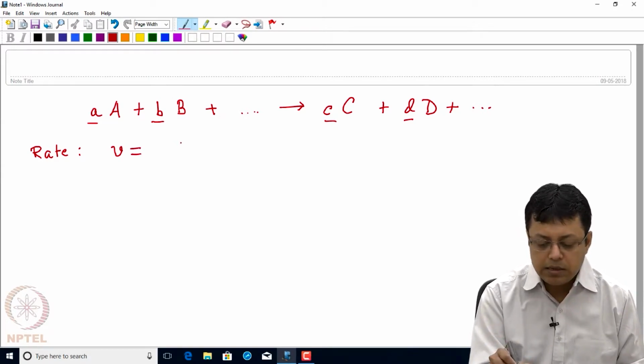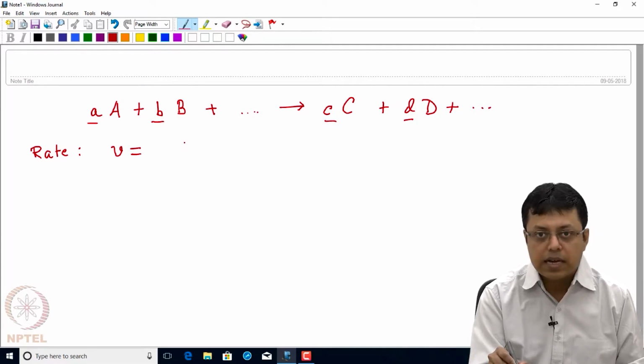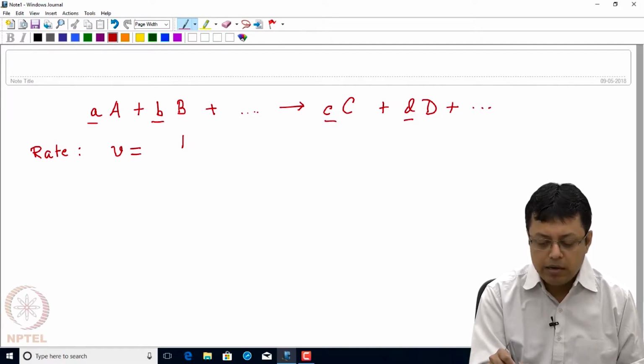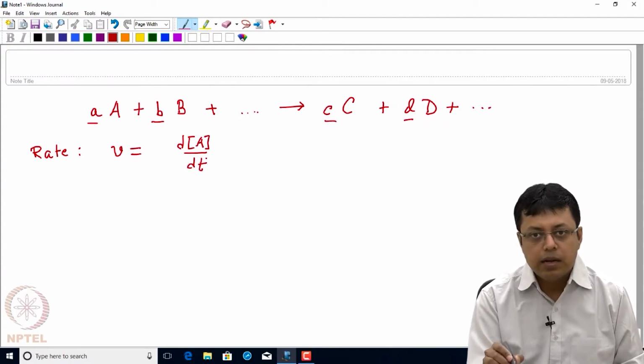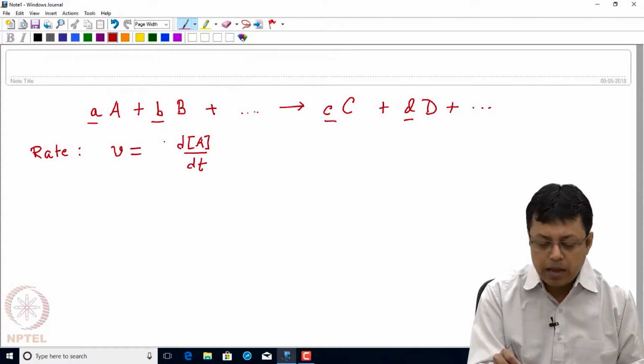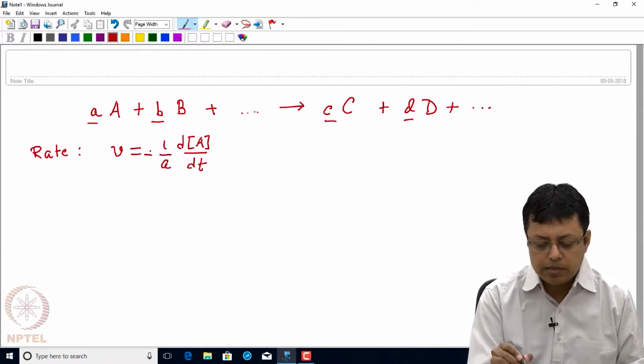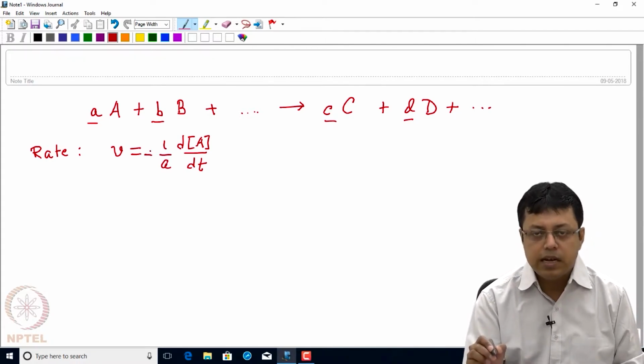If I write it in terms of the reactant A, I'll write it as minus 1 over a, d[A]/dt, where A inside the square bracket denotes the concentration of A, and we divide by the stoichiometric number with a negative sign, because the negative sign indicates that this is a reactant, it is being consumed over time. So the concentration of A is decreasing over time.